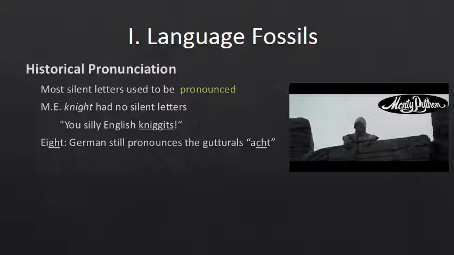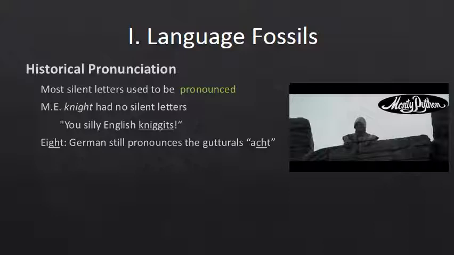You see the same thing in German words. Remember that English split off from Germanic, which goes back to Proto-Indo-European, but English split off of German 1500 years ago to become Old English. And so some things which are still spelled one way but not spoken in English are both spelled and spoken that way in German, one of our closest cognate languages.